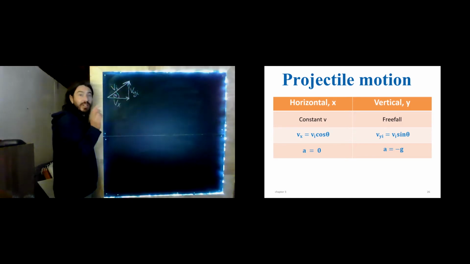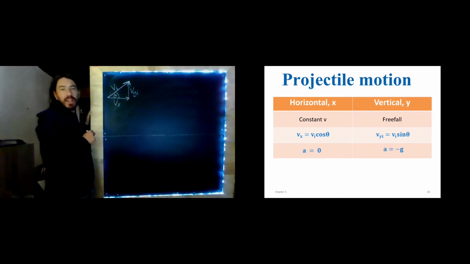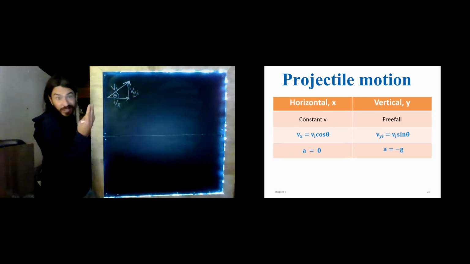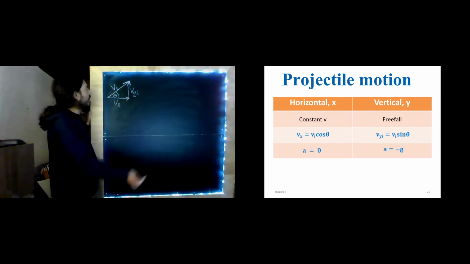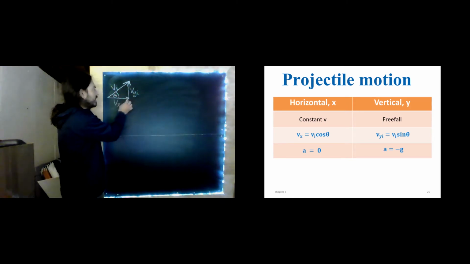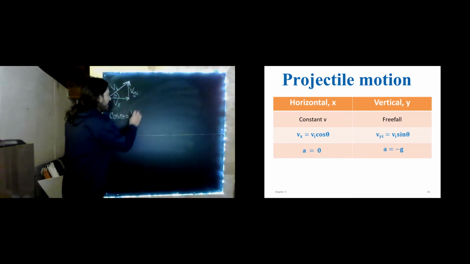Well, because the Vx doesn't change. Remember, the acceleration is 0 in the x direction, so we don't need an initial and a final velocity in the x direction. There's only one velocity in the x direction. Notice that Vx is adjacent, and so we could write that the cosine of theta equals adjacent over hypotenuse.